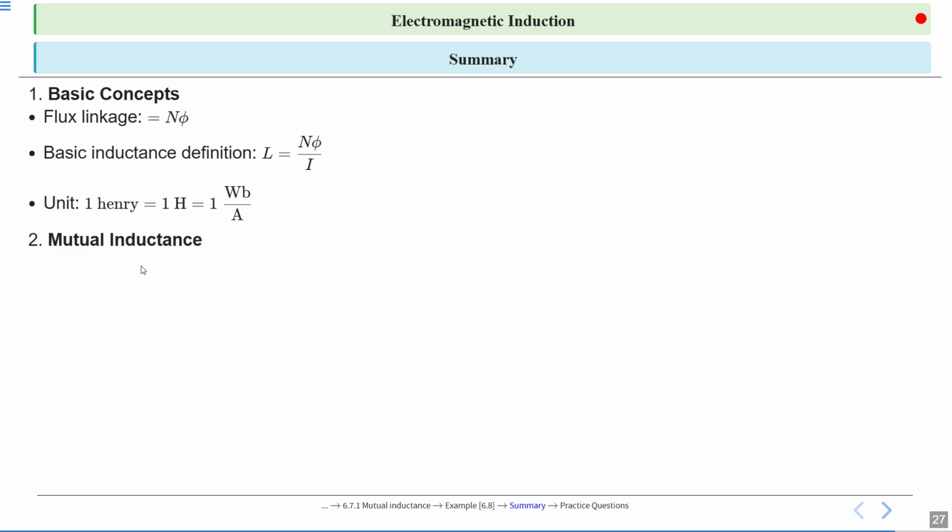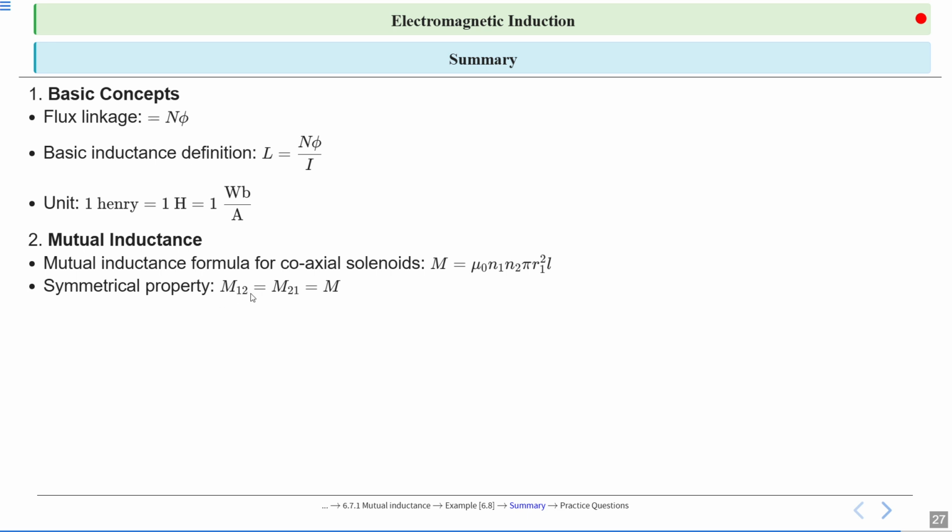Mutual inductance formula for coaxial solenoids: M equals mu naught N1 N2 pi R1 square into L. Symmetric property: M12 equals M21 equals M. We have seen by derivation also that the mutual inductance of the first coil with respect to the second coil is equal to the mutual inductance of the second coil with respect to the first coil, which can be represented as M, a generalized term, because both are equal.